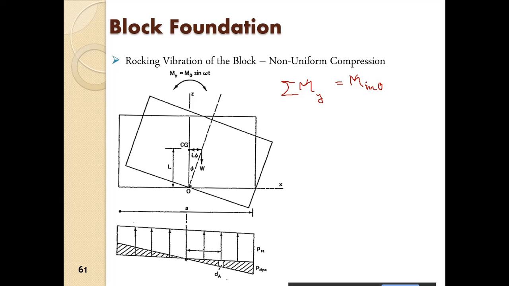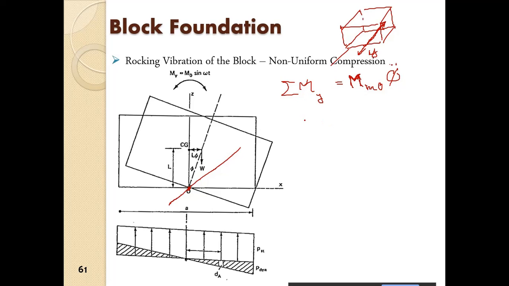About this axis, the entire block. So this is the mass moment of inertia of the block about the axis passing through here, passing through O throughout the entire foundation in this manner, the y-axis. So about that axis we have the mass moment of inertia into the angular acceleration.